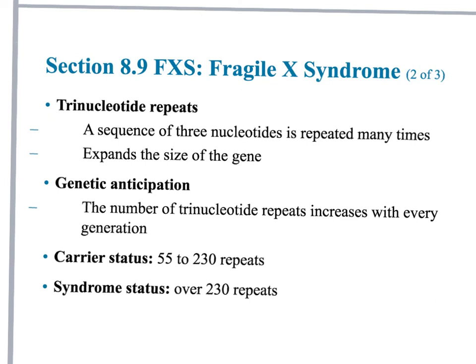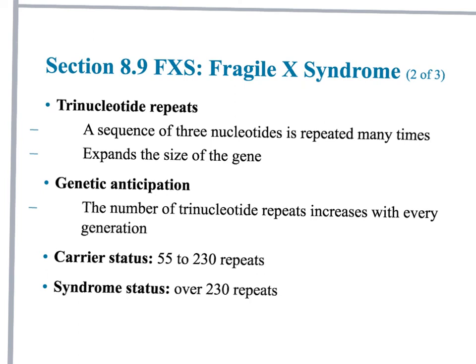And then genetic anticipation is a term associated with the number of trinucleotide repeats that increases with every generation. The first time it manifests, it gets passed on to the next generation, and the repeats could increase. Every time that gene gets passed on to the next generation, it keeps increasing. So genetic anticipation is the anticipation of the trinucleotide repeat being increased.